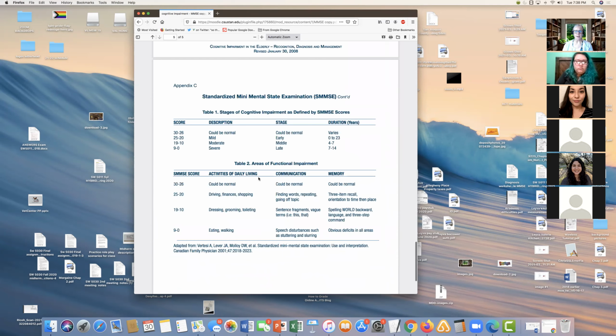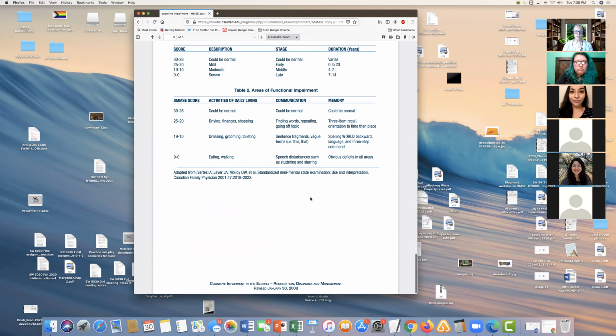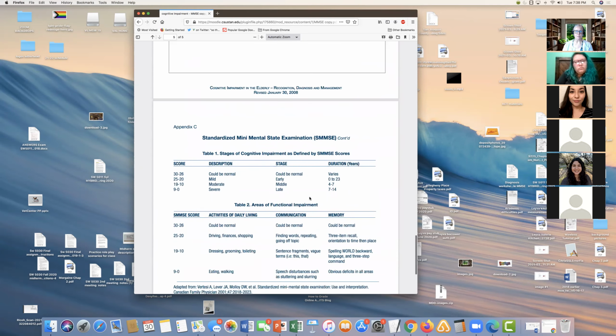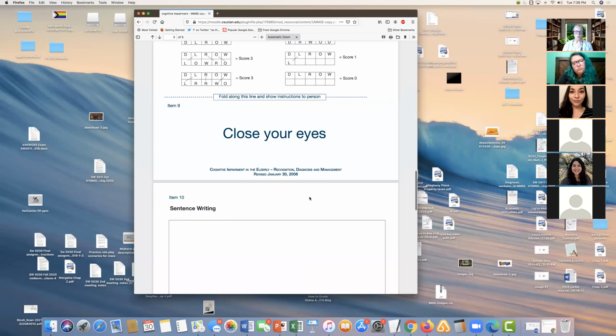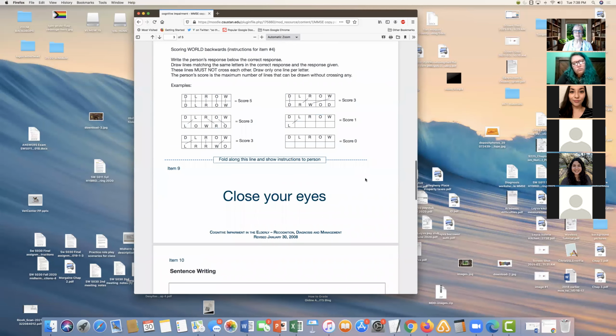Sometimes this scoring can be a little off. And I tell people, ignore the scoring for world. This doesn't even make any sense to me. So just give them a point for each letter being in the right place. So backwards, it needs to be DLROW. So every letter they have in the right place, give them 1 point.